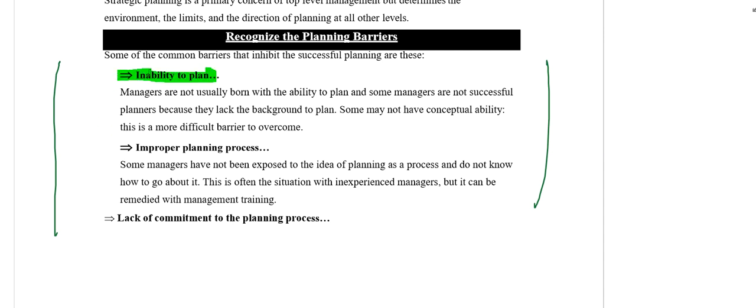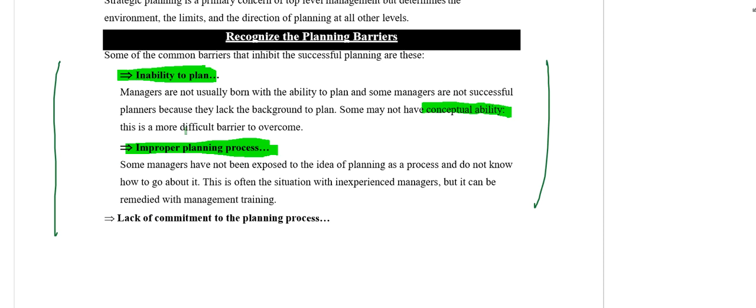Number one, inability to plan. Those individuals are planning for the organization who do not deserve to be at the top level. People do not have capability or conceptual ability to plan for the organization. Number two, improper planning process. They do not follow the planning process properly.